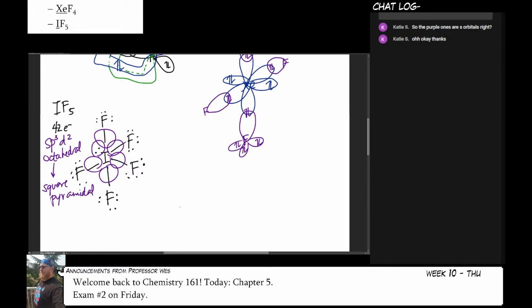So when I draw its structure, I have my iodine right there, and we're going to have 6 balloons coming out of it. Balloon, balloon, balloon, balloon, balloon, balloon. And one of those will be an electron pair. And then the other ones just connect to fluorine.